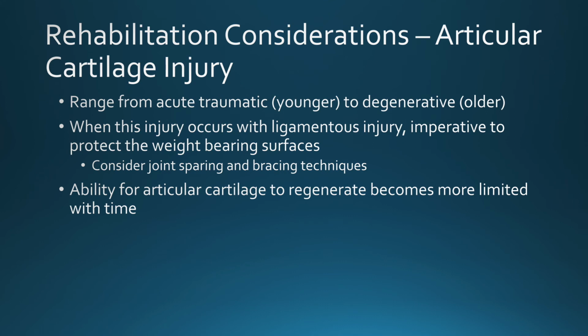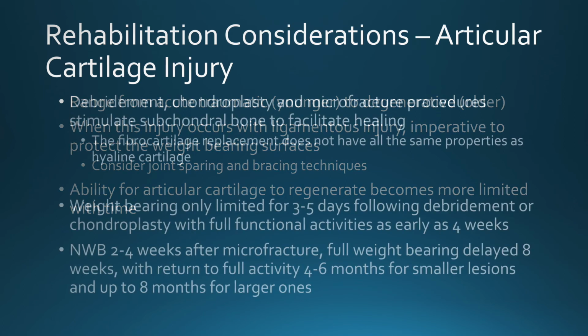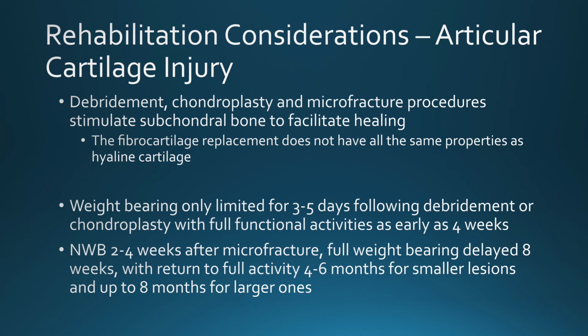The ability for the articular cartilage to regenerate has been shown to be more limited with time and age. So we have debridement, chondroplasty, and microfracture procedures for articular injuries, and these are done to stimulate subchondral bone to help facilitate healing.